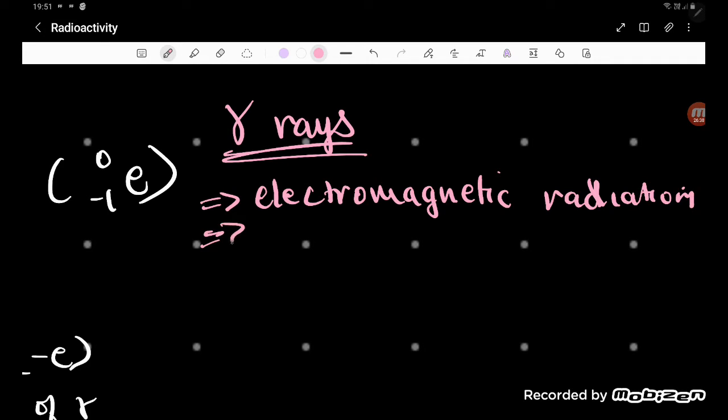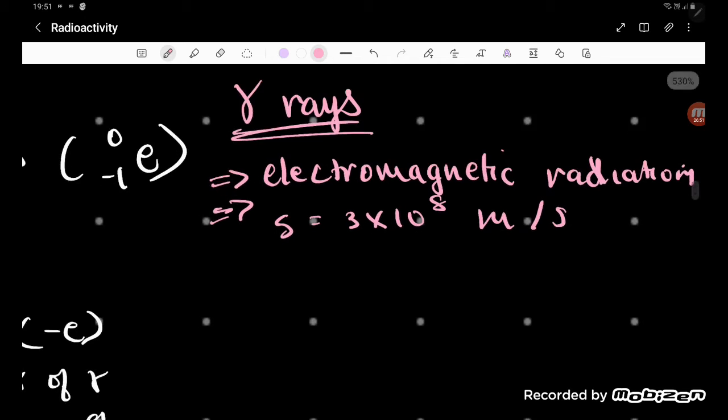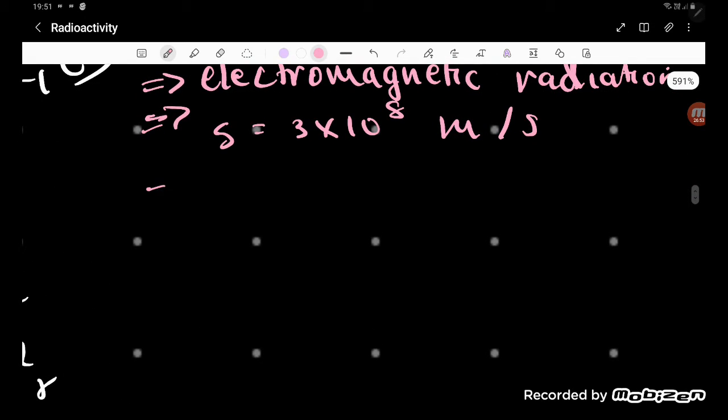There is no equivalent to measure how much it is, it's just energy. Its speed is 3 into 10 to the power 8 meters per second, that's the speed of light. This has no mass whatsoever.